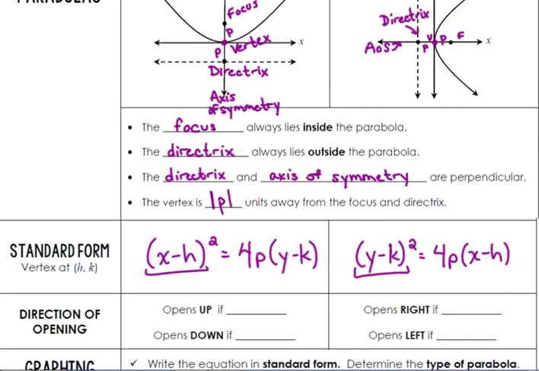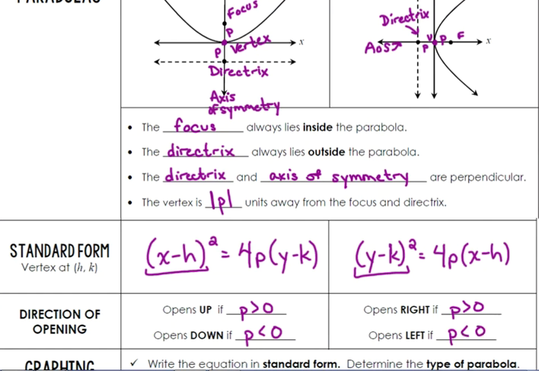Now, this part should make sense. It opens up if p is greater than 0. So if p is positive, your parabola is going to open up. If p is less than 0, aka negative, your parabola is going to be opening down. You're used to that. Left and right goes the same way. Positive would be right, negative would be left.